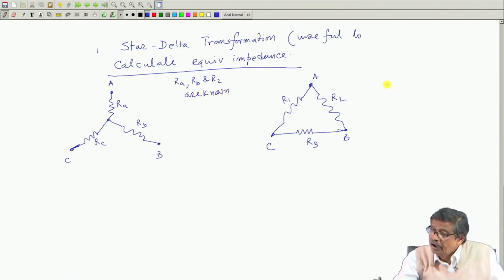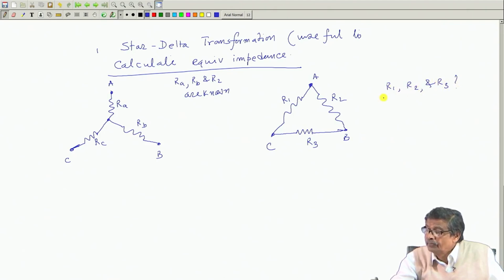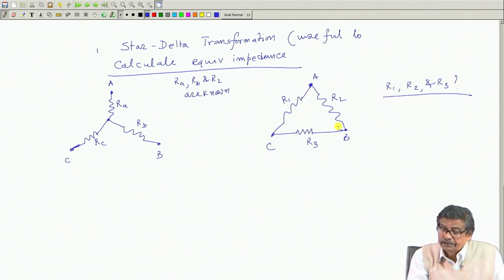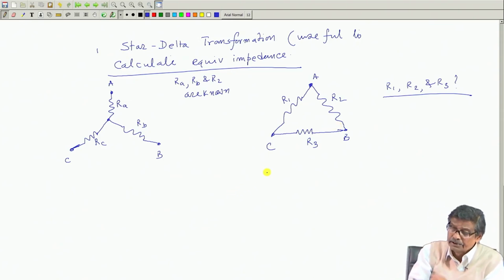The question is R 1, R 2 and R 3. How can I calculate and replace these star connected impedances by R 1, R 2, R 3? That is the question. That can be easily done in this way.